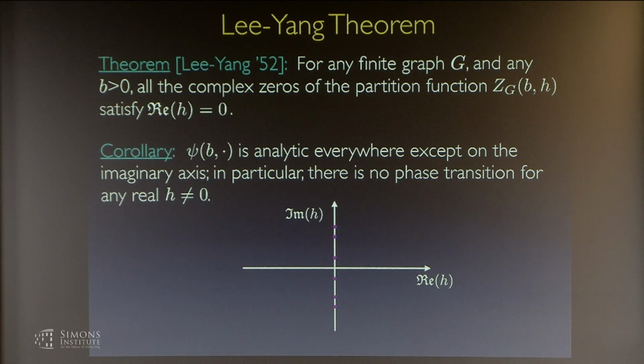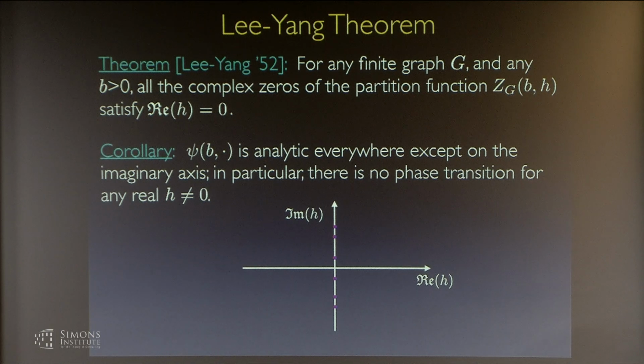It can only lie on the imaginary axis. Okay. And so applying the previous general fact with D being, say, the right-hand half plane, this will tell us that psi is real analytic on this axis, and therefore there's no phase transition.